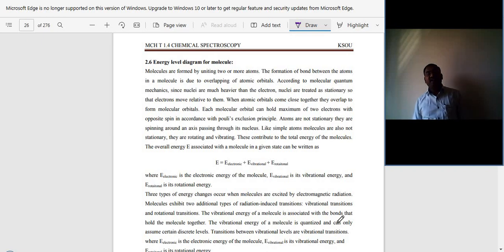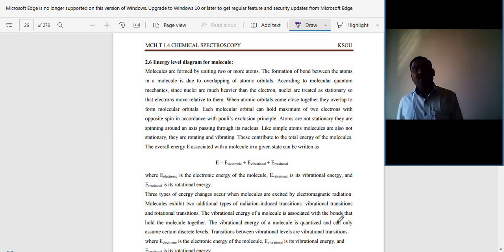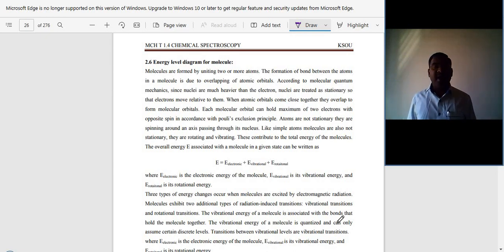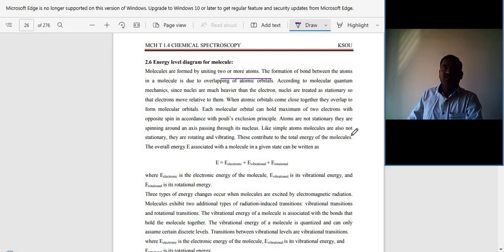Next, energy level diagram for molecule. Molecules are formed by uniting two or more atoms. The formation of bond between the atoms in a molecule is due to overlapping of atomic orbitals.